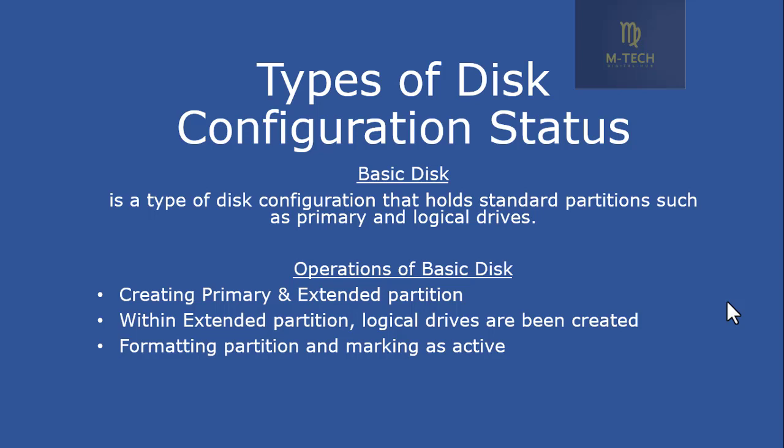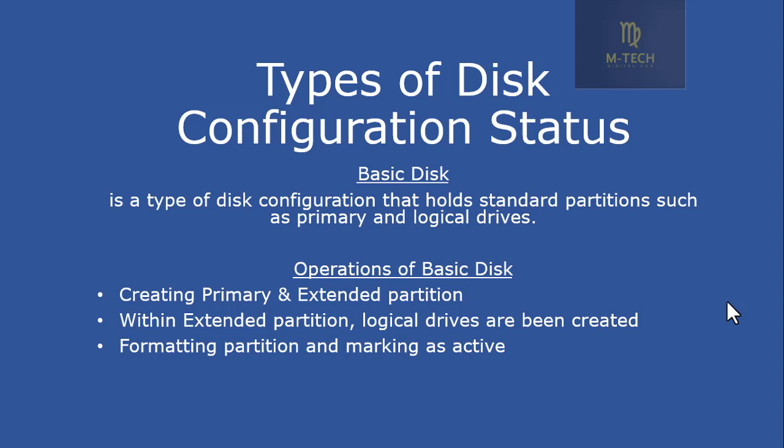I will take my time and explain a lot of technologies, for example primary and logical drives, in our upcoming lessons. Basic disks can only aid you in the creation of standard partitions. When we say standard partitions, these are partitions that every hard drive is expected to have, primary and logical partitions.